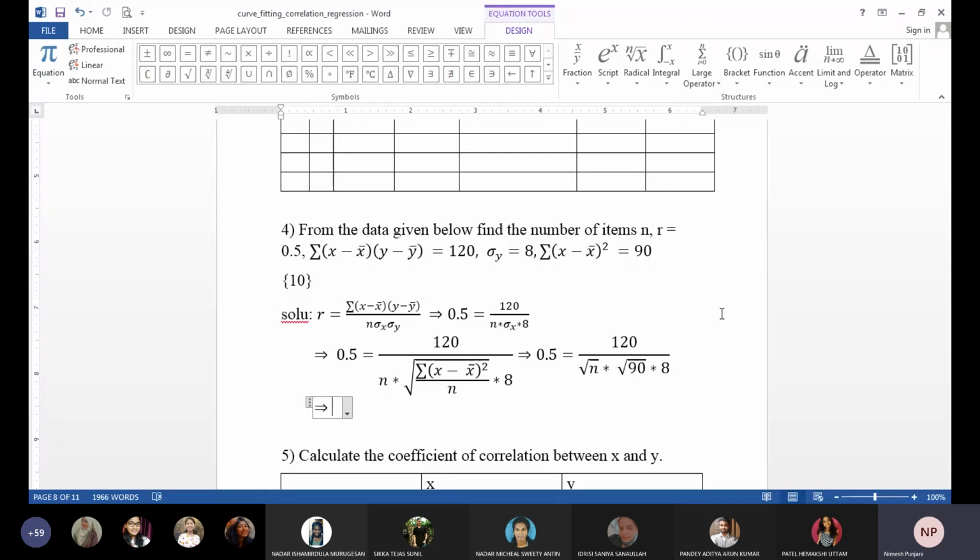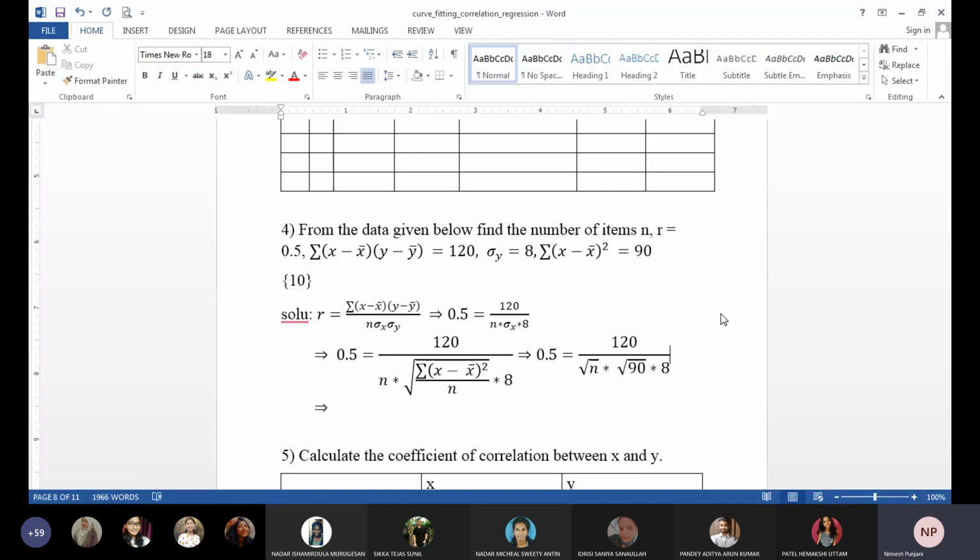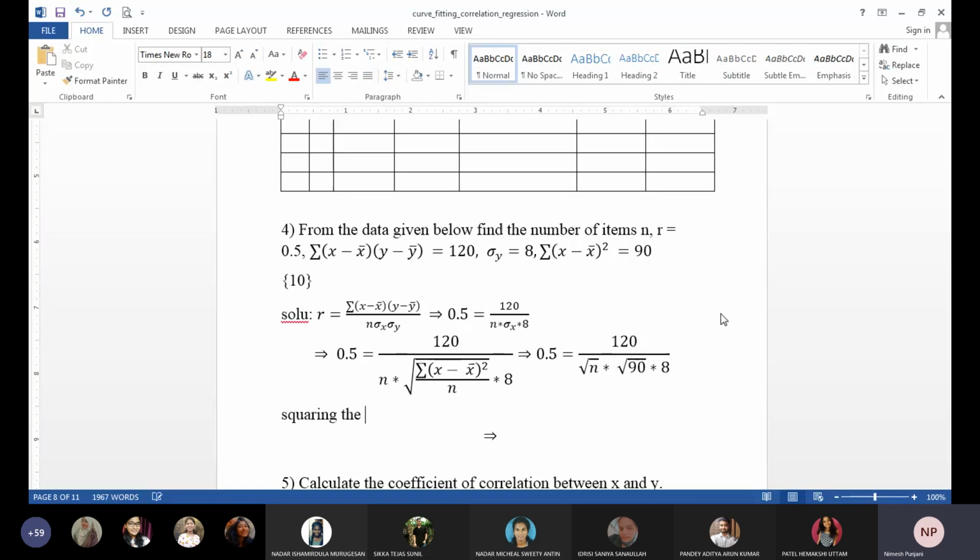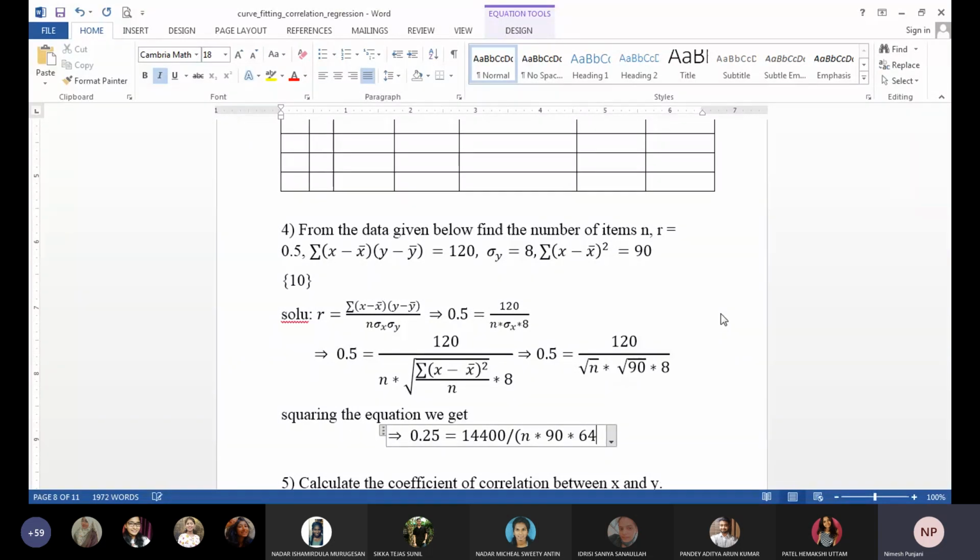So squaring the equation, we get 0.25, numerator is 120 squared, 1400, divided by n multiplied by 90 multiplied by 64. So what is your n?